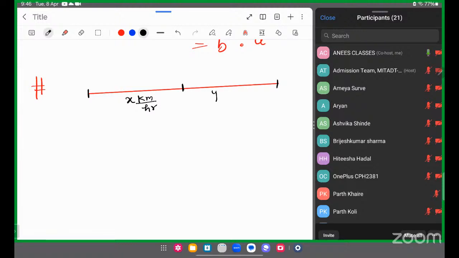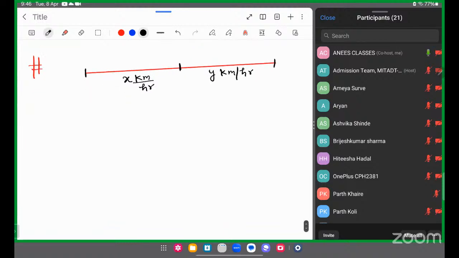The second half is covered by y unit. What will be the average speed? So the average speed in this case will be 2xy divided by x plus y.